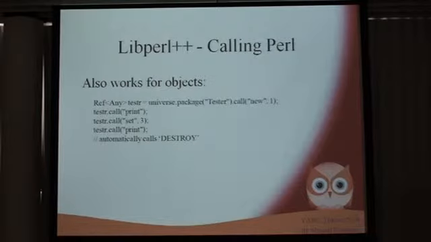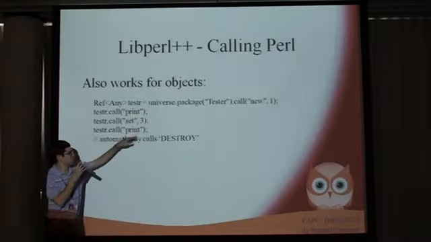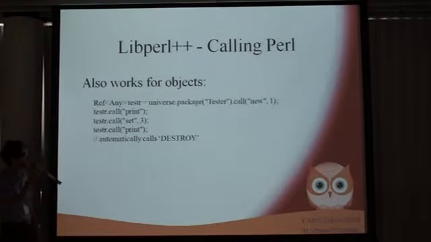Of course, the same works for objects. We can tell it package tester, call new, and pass it 1 as a variable, and then call print, call set with 3, call print again, and in the end it will be destroyed.